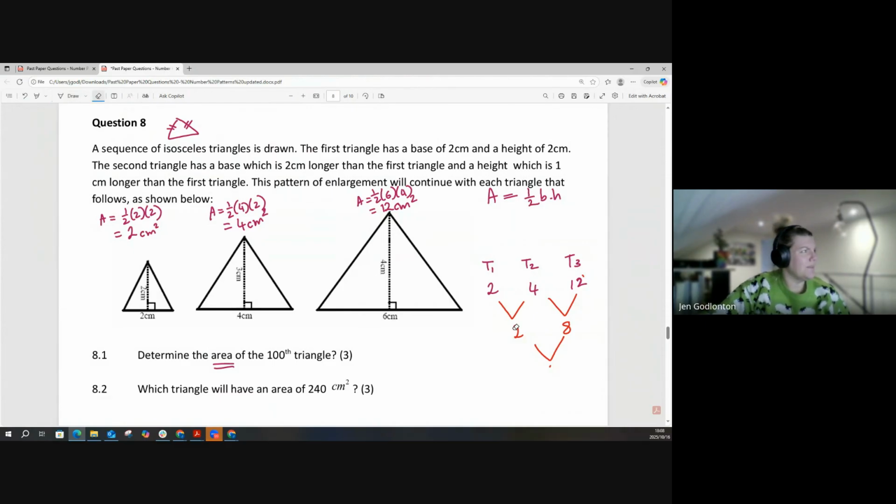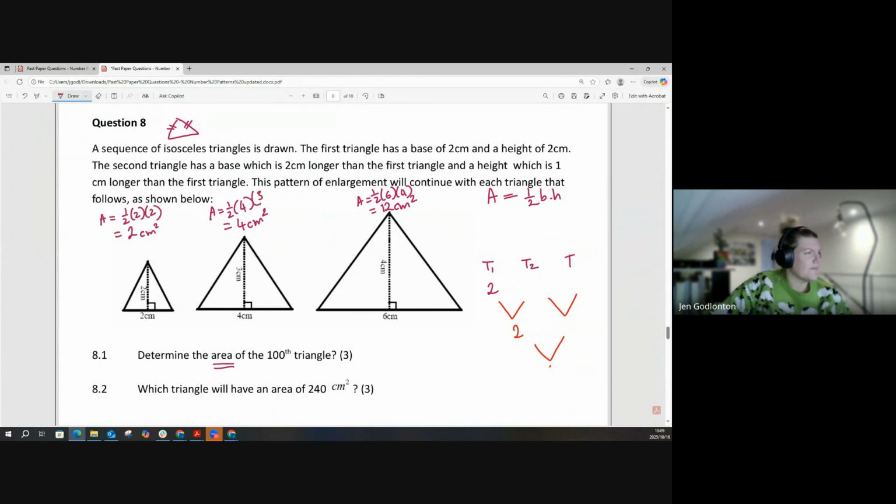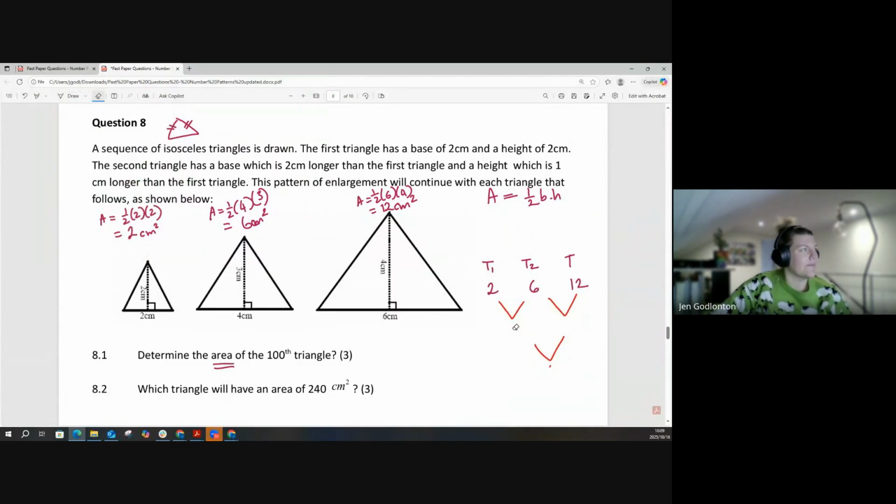I put the wrong numbers here. Here we go. Okay, so 6 minus 2 gives us 4, and 12 minus 6 gives us 6, and then 6 minus 4 gives us 2. So that's what we're needing. Those are the important things.